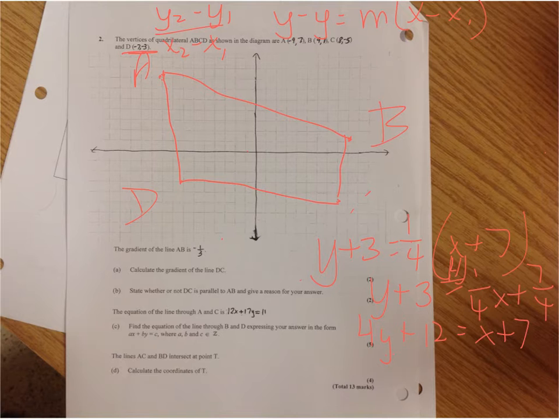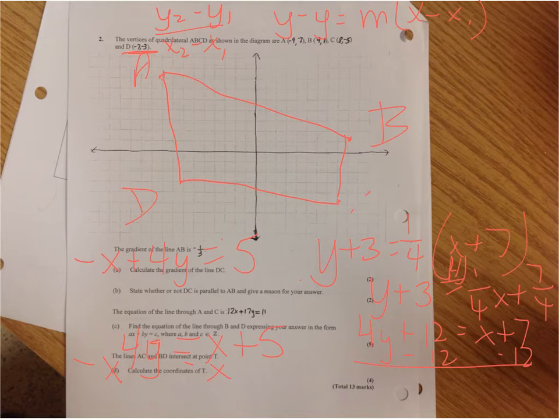Now I'm going to subtract the 12 from both sides to get my number c on one side and I want x and y on the other side. So I end up with 4y equals x plus 5. Subtract the x to get the x on the other side. And I end up with negative x plus 4y equals 5.